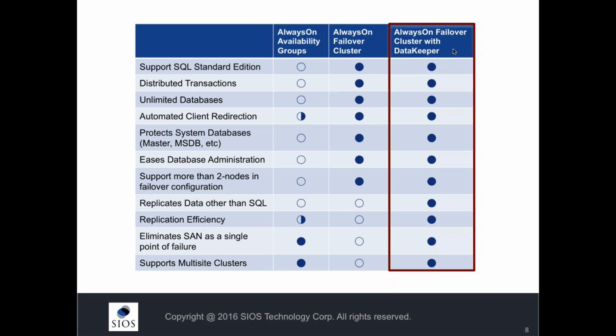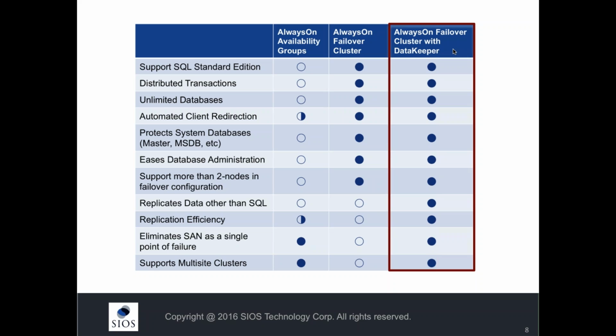And of course, it will also still work with DataKeeper. The fact that DataKeeper is replicating disk and that there's no shared storage between the cluster nodes, that's completely transparent to SQL Server. That's completely transparent to the applications that are connecting into the database. We're just basically keeping the disks synchronized between your systems, and we're making the cluster think that there's shared storage when there really isn't.